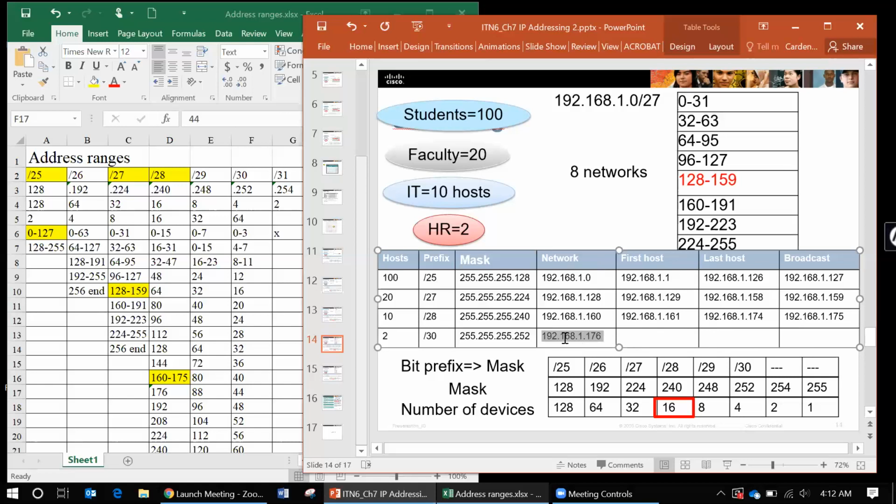The first one is the network, the last one is the broadcast, and then the 2 in between. So all you really need to do is increment 176, 177, 178, and 179 is the last one in that range. 2 plus the network and the broadcast is 4 IP addresses.